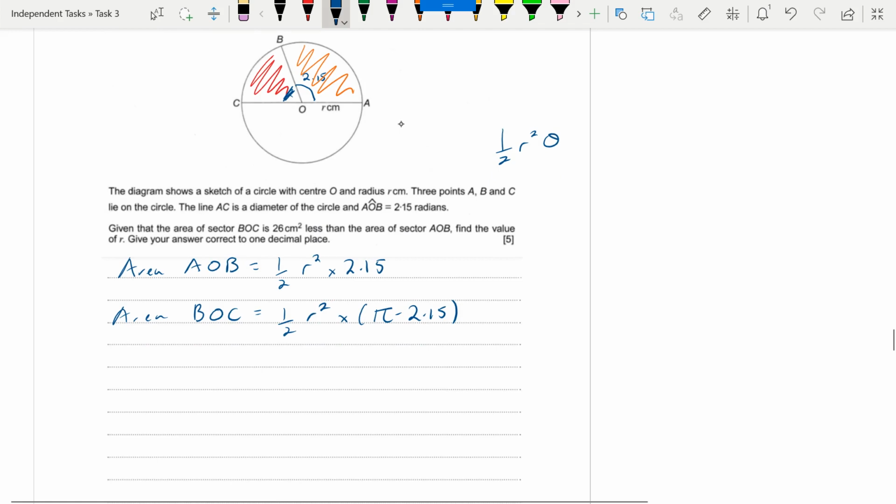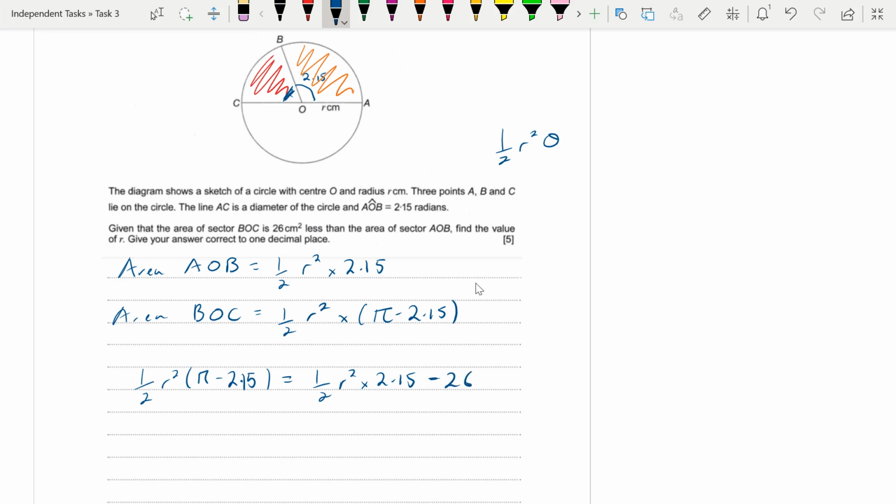Now I can use what they told me. BOC is 26 centimeters squared less than the other one. So I can say that a half r squared times pi minus 2.15 is equal to the other one, so a half r squared times 2.15, minus 26.